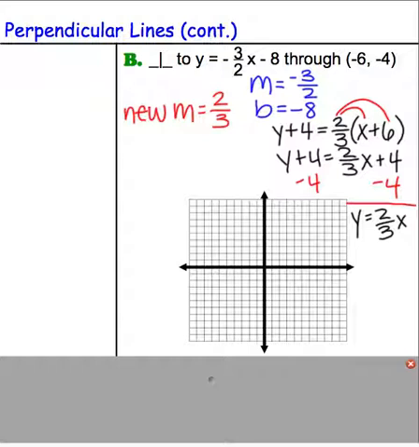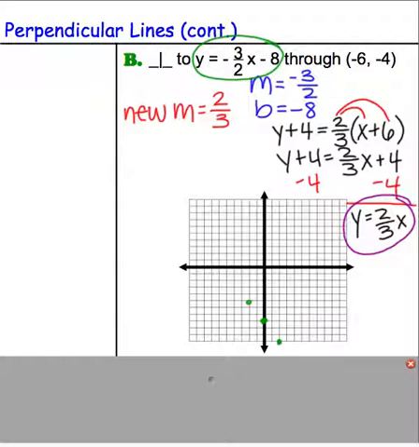I'm going to graph my first equation in green and my second equation in purple. So graphing this first equation, I go down 8, 1, 2, 3, 4, 5, 6, 7, 8, and there's my y-intercept. And I have a slope of -3/2, so down 3, forward 2, or up 3, back 2.